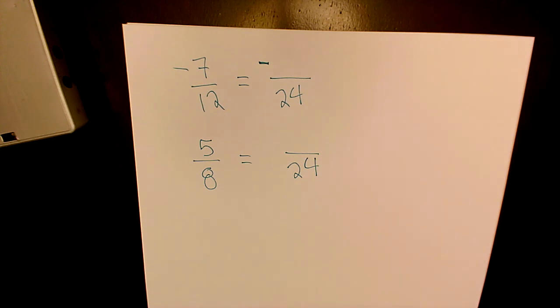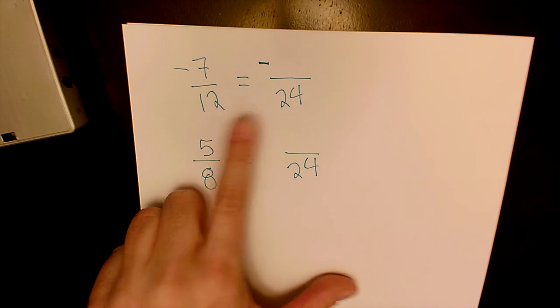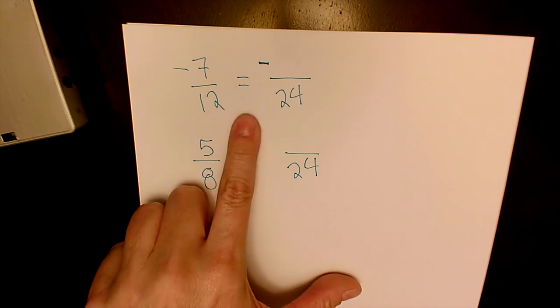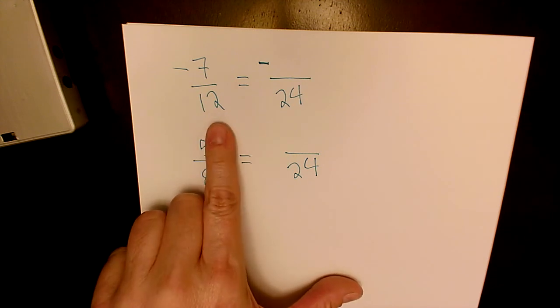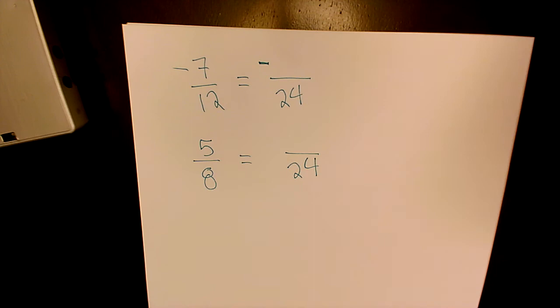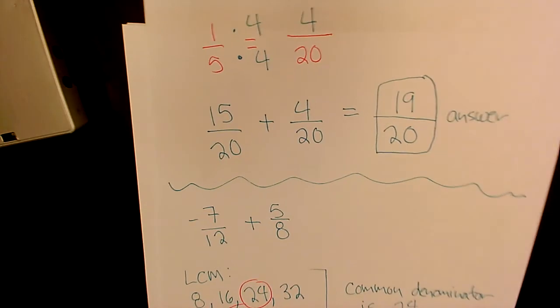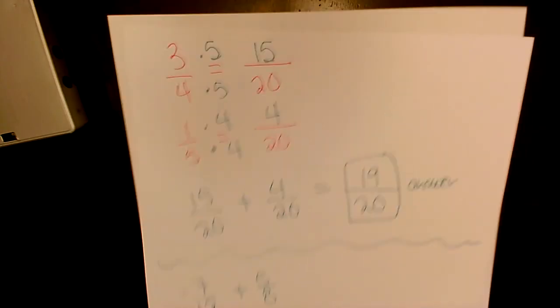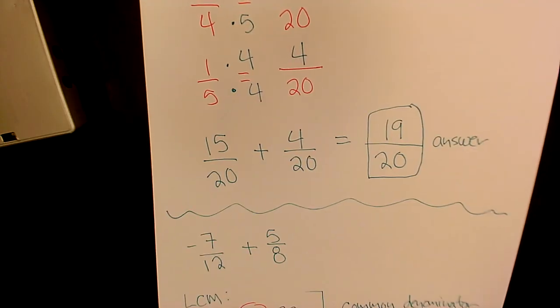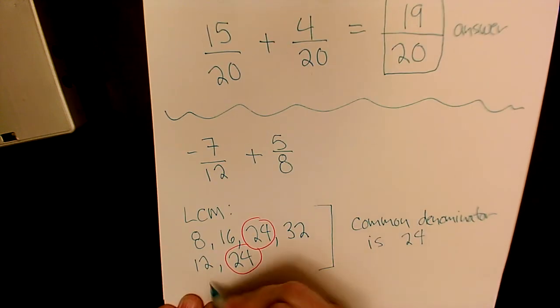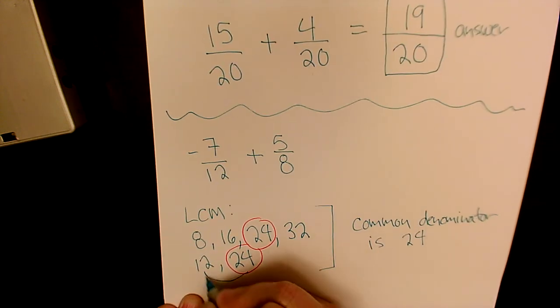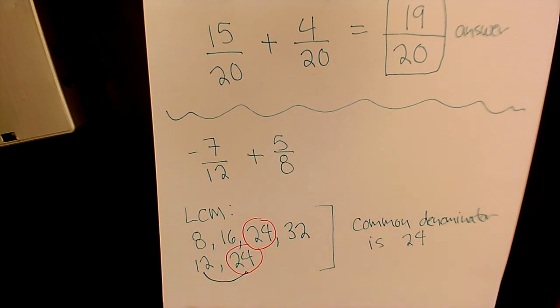So let me kind of show you how you can use the LCM to help you do this. If you're having trouble with 12 times what number gets you to 24, when you go to your LCM, it's 2, because it's 12 times 1, 12 times 2.